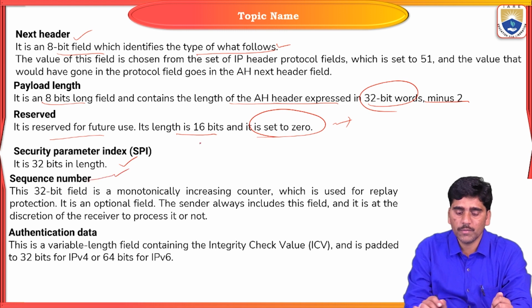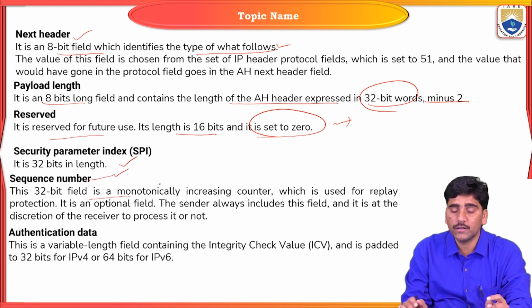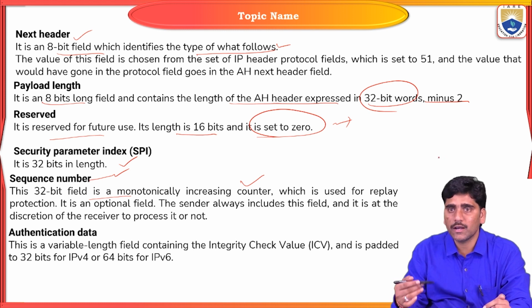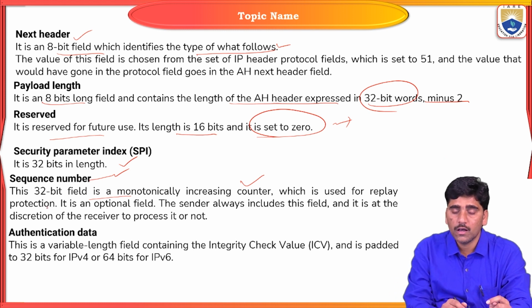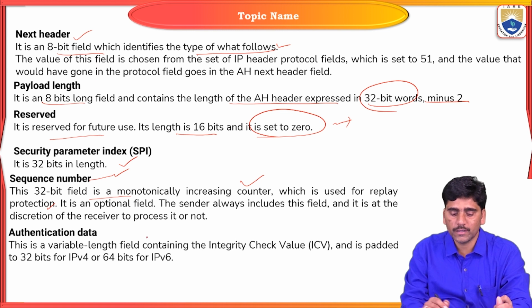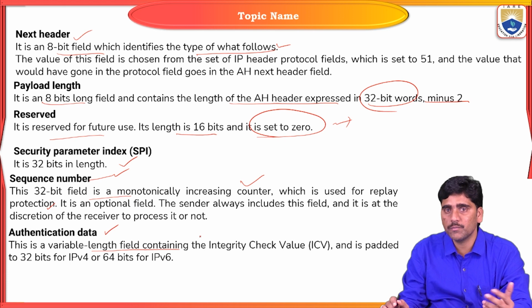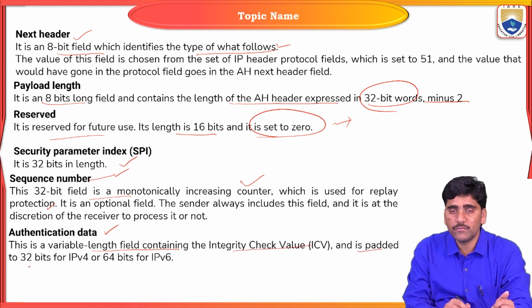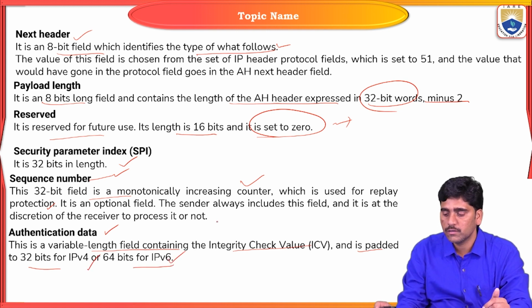The sequence number field is also a 32-bit field. It is a monotonically increasing counter used for replay protection. The authentication data is a variable length field. It contains the integrity check value and is padded to 32 bits for IPv4 and 64 bits for IPv6.